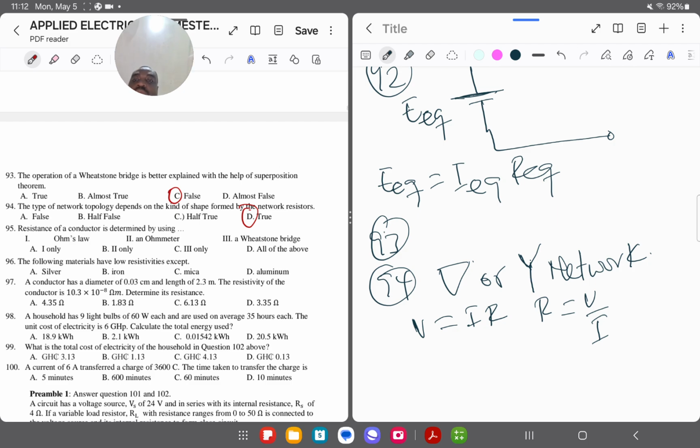We use a Wheatstone bridge to measure resistance. Like I was explaining earlier, you have an unknown resistor, and you adjust a variable resistor till you get the current flow of zero. Once the current flow is zero, then you record the resistance. That becomes the resistance of the unknown resistor. So all of them are correct. The answer here will be D, all of the above.